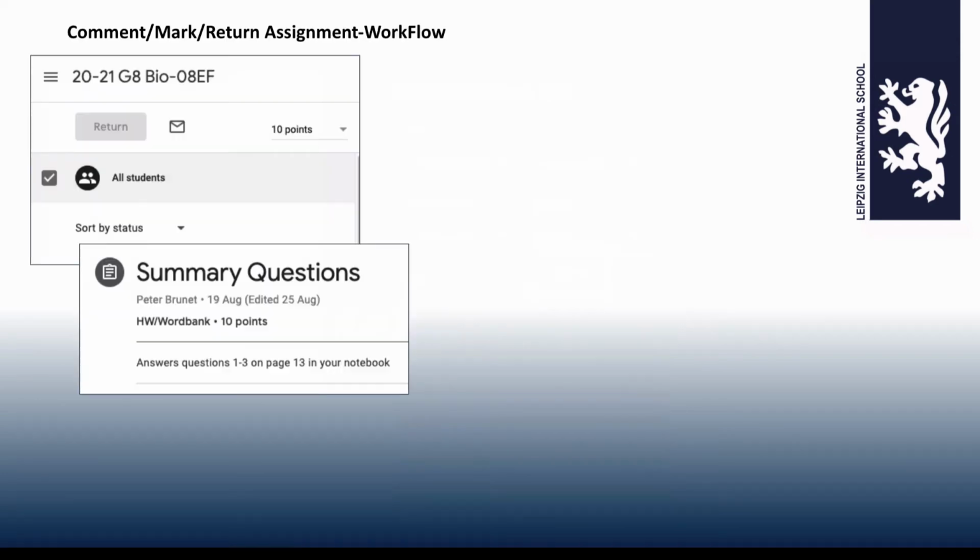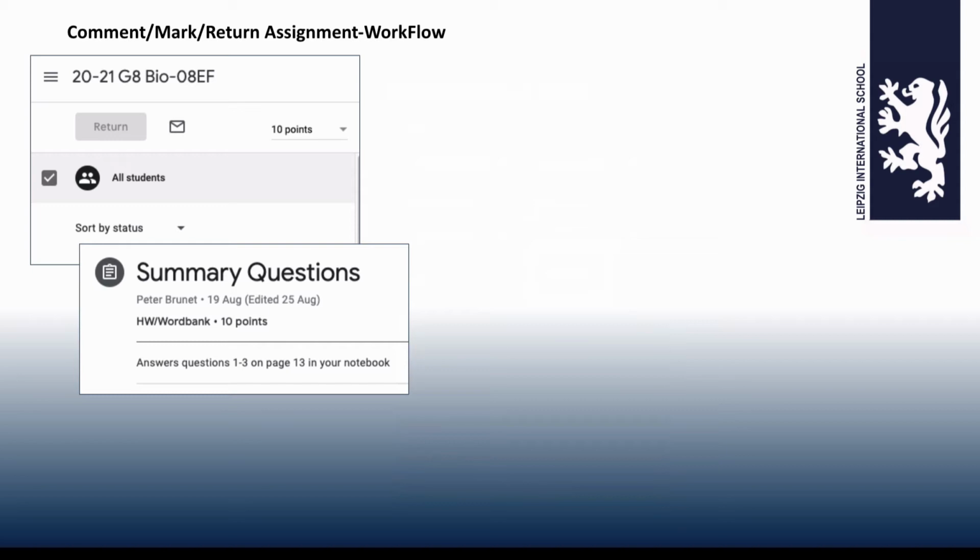Okay, mark and return assignments. In Classroom, when you click on an assignment, you have the option to check the students, and then you can return the work. If it's grayed out, the work has already been returned. The importance of returning is that this is now live on the student's end.